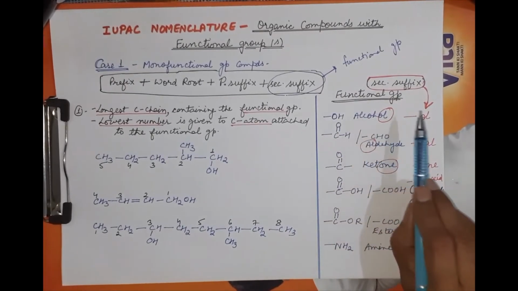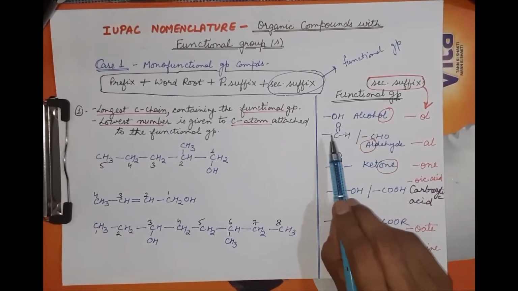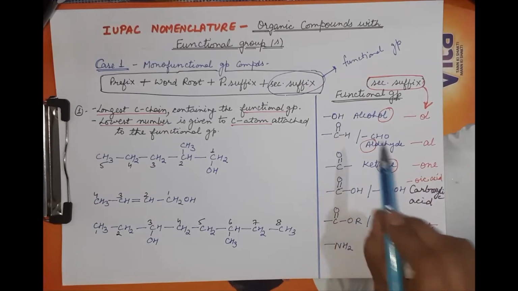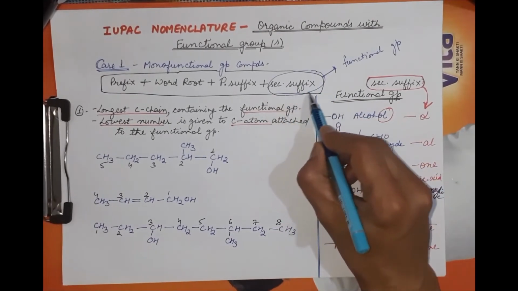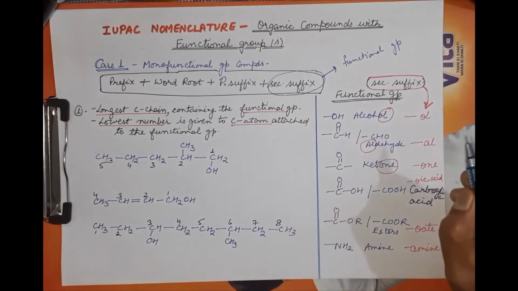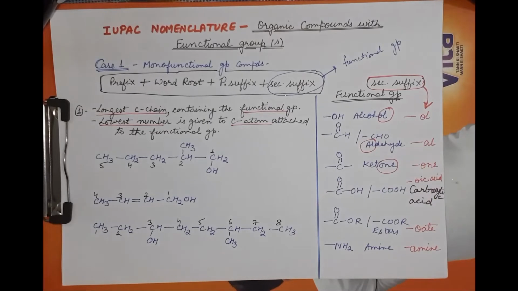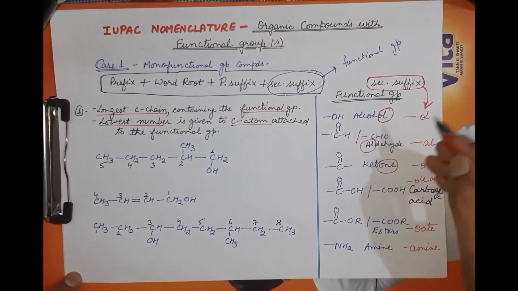So various functional groups are there. Like for alcohol, the OH functional group is used, and to write the secondary suffix for alcohol, this OL is added at the end of the IUPAC name.